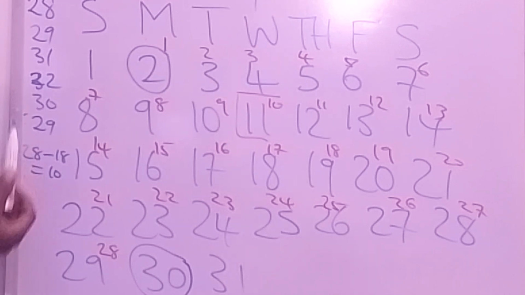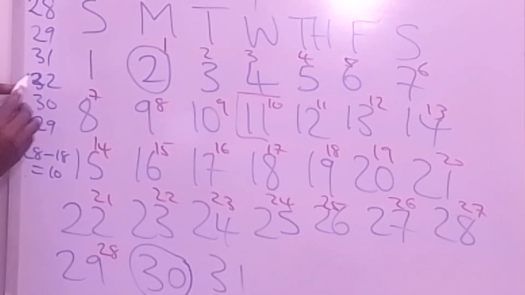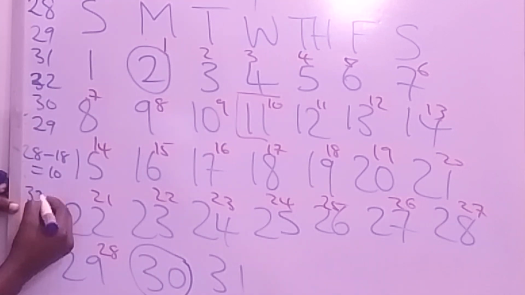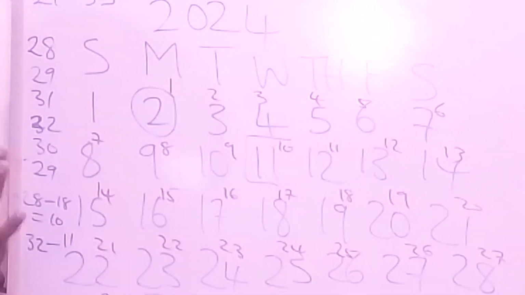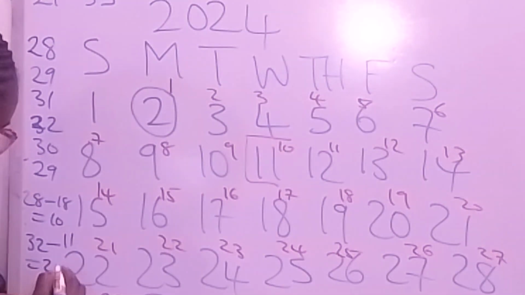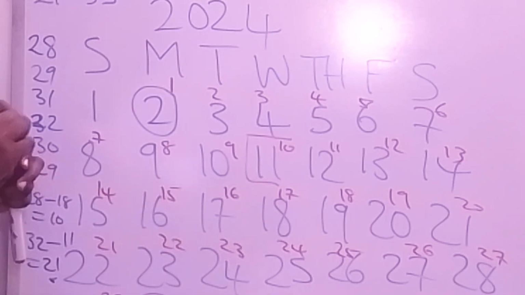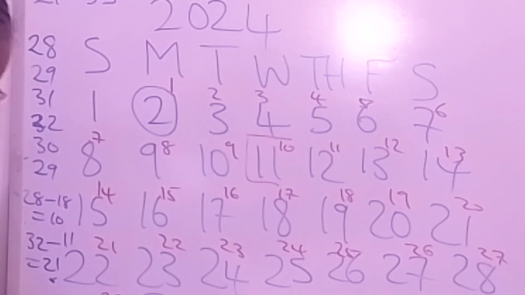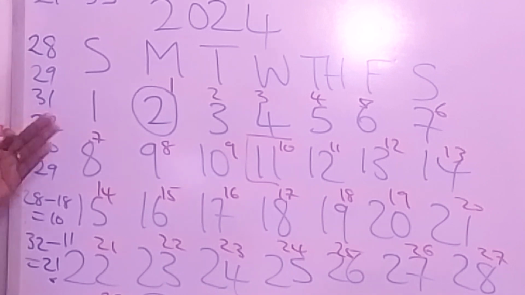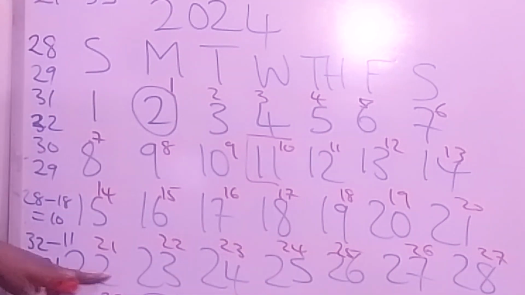And we also pick the longest menstrual cycle length, which is 32, and subtract 11, and we have 21. So the 21st day of this woman's menstrual cycle is the end of her fertile window. This is 21.